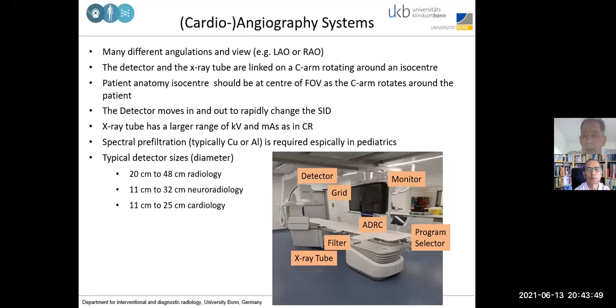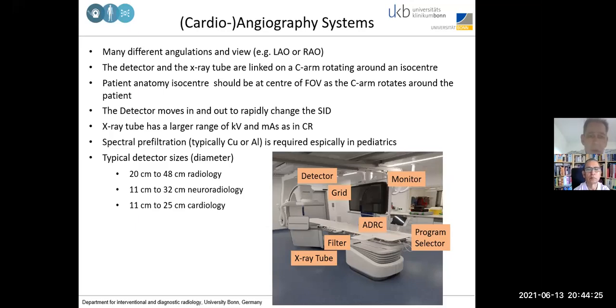But on the other hand, you have a detector and an angle movement which is very rapid. So you will see that even though you have an automatic dose control, you also have dynamic move control, and you have a filtering which then maybe changes during the different angulation. And I would tell you that you have to look what are the field sizes you're using, and you see they can differ quite a lot among the area which your system is used in.